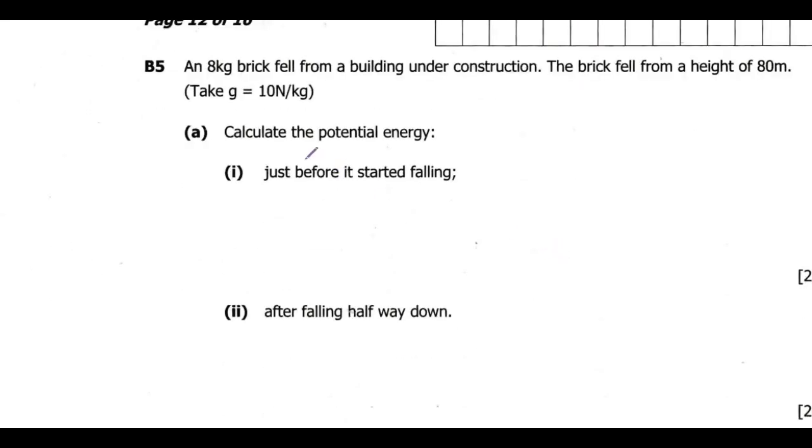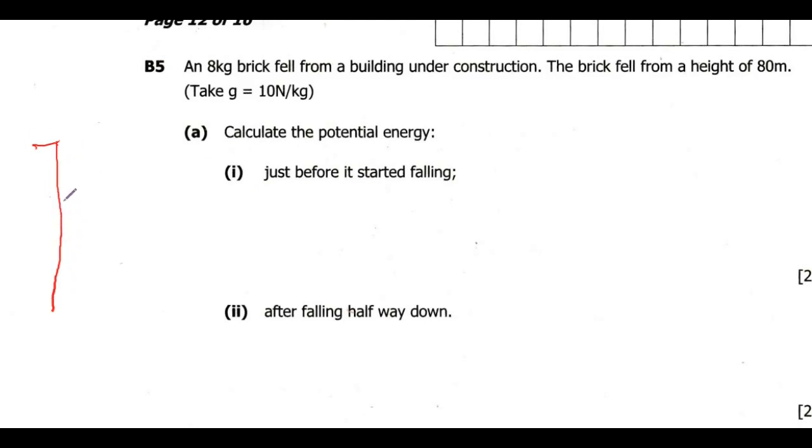A brick fell from a building under construction. The brick fell from a height of 80 meters. Take g to be 10 newtons per kilogram. Calculate the potential energy. So as I said, you can draw a bit of diagrams to help you.